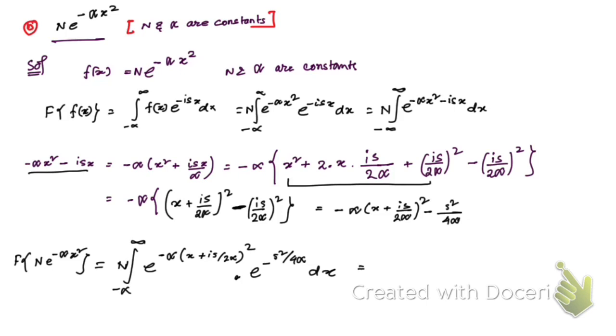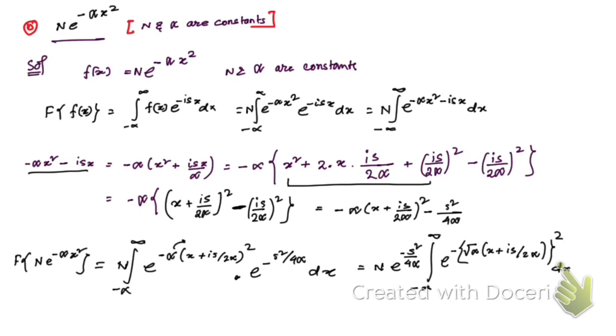So what we're going to have is n into e to the power minus s square by 4 alpha integration from minus infinity to plus infinity e to the power minus, we can write root over alpha x plus is by 2 into alpha whole square. We can write this way, dx, right?